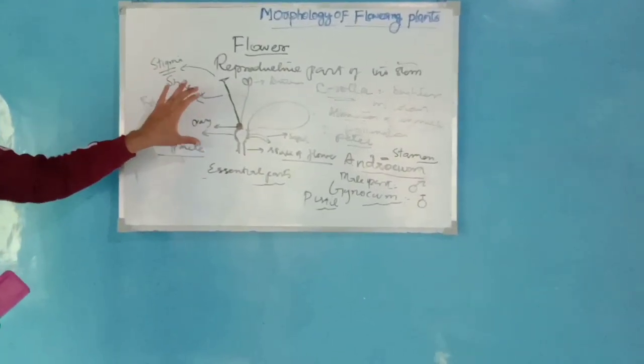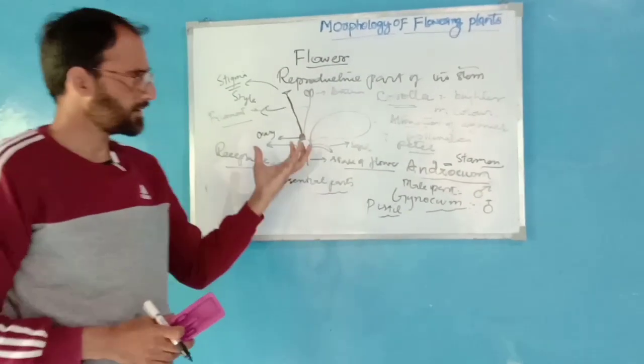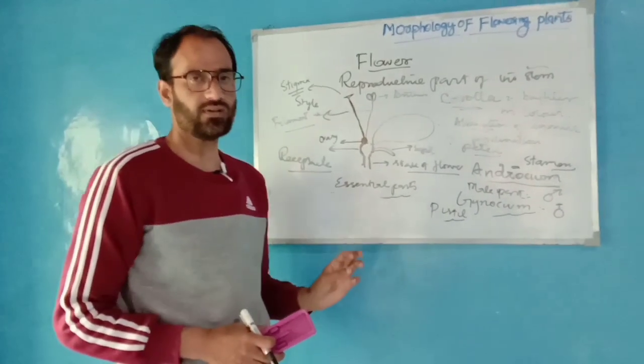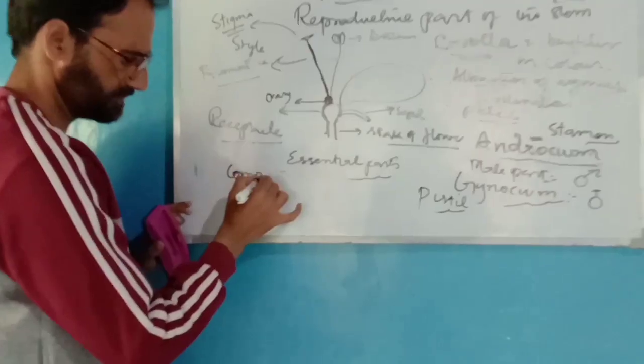So this is the structure of the flower. If all these important parts of the flower are present on the flower, that is called as complete flower.